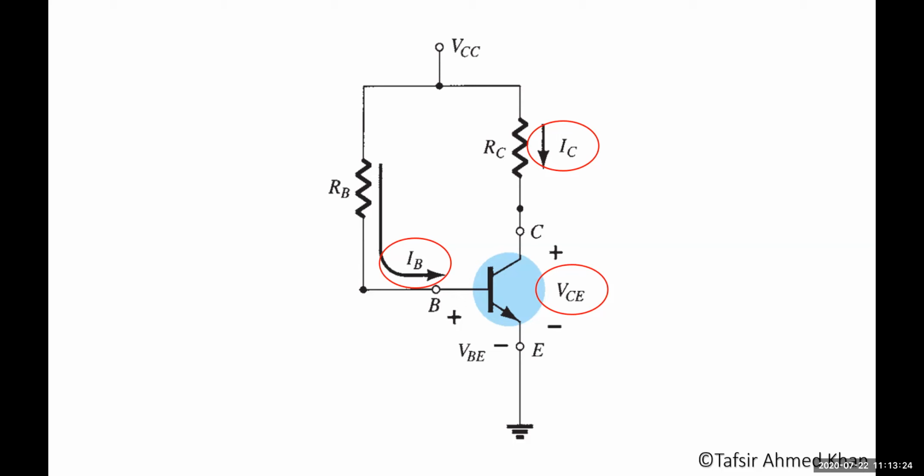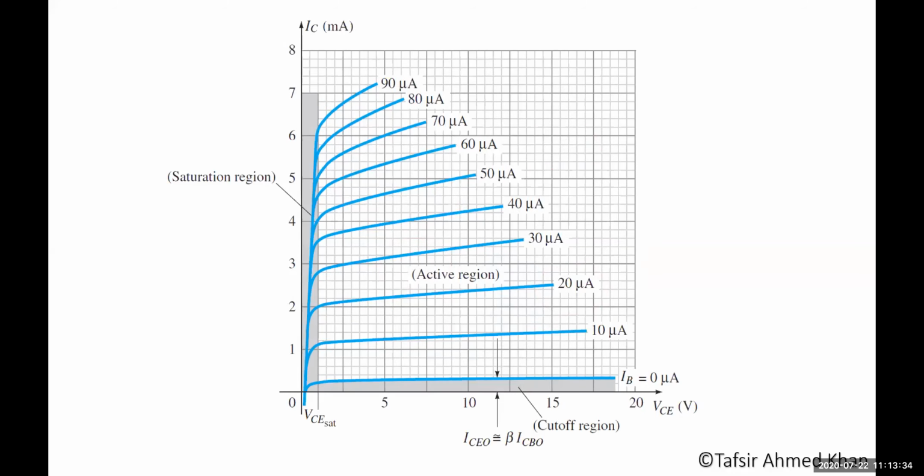That curve was according to VCE, IB, and IC, right? Three of them were there. That's why you have to find all three. So you can see your characteristics curves are according to your IB, IC, and VCE. That's why these three are the most important things for us. We will be finding out all three.